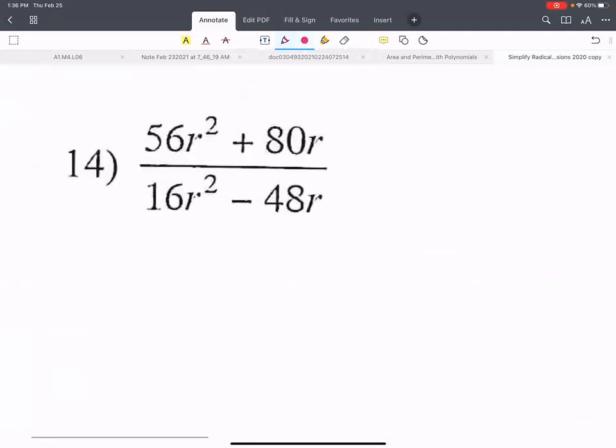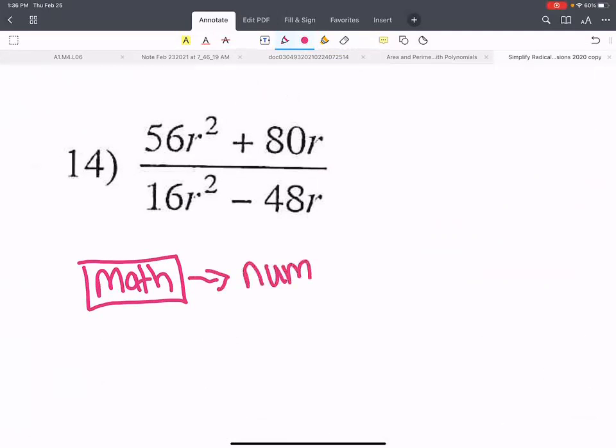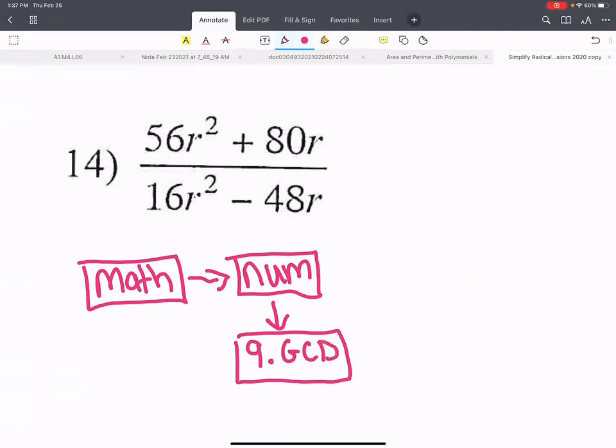Because as we get into bigger numbers, you may find that you want to find the greatest common factor on the calculator. So let me remind you how we would do that. You would select the math key, arrow over to the number key. Then you're going to arrow down and choose, I believe it's number 9. It says greatest common divisor, GCD. Greatest common divisor is the same thing as greatest common factor.